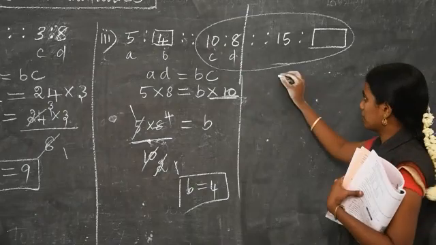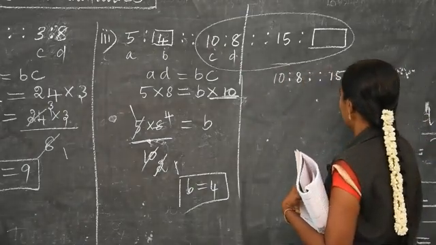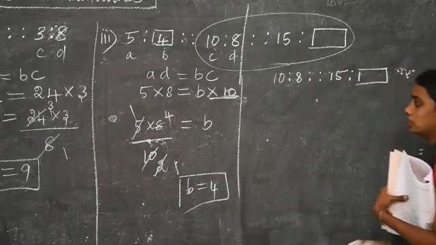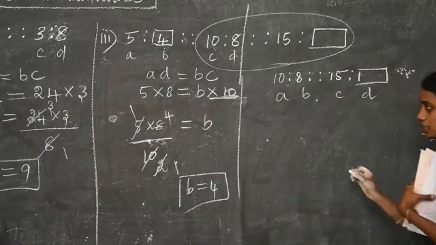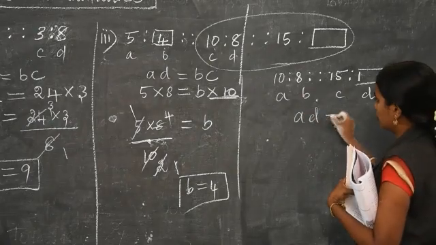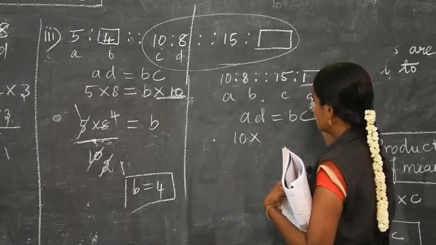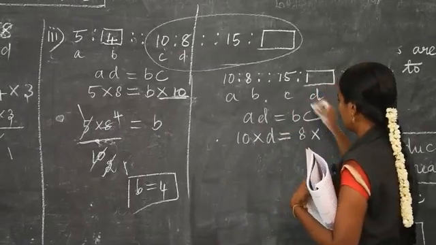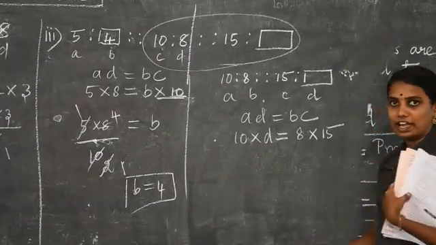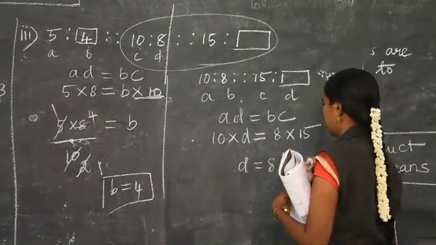Okay, write separately. 10 is to 8 as 15 is to box. Okay, write A, B, C, D. Formula AD equal to BC. A value 10, D value we don't know, B value 8, C value 15. Find the D. D equals 8 by 15.